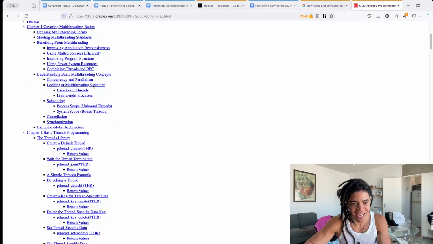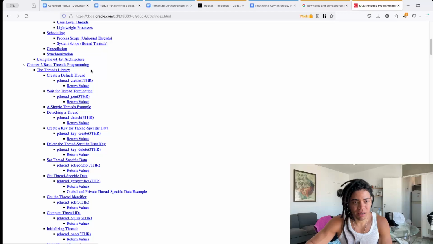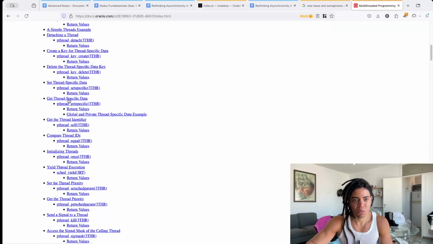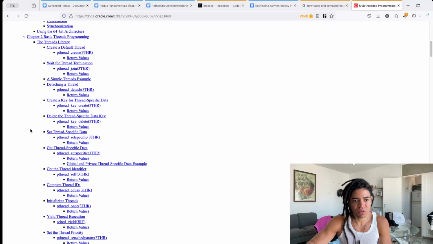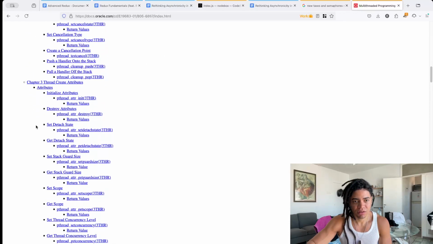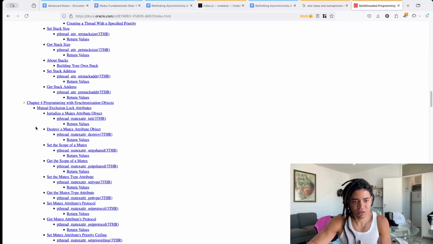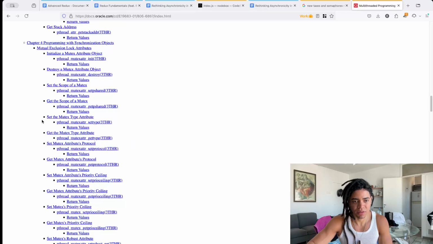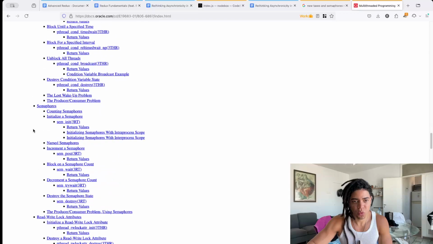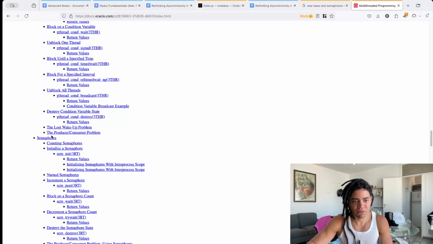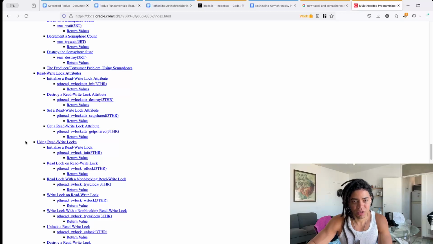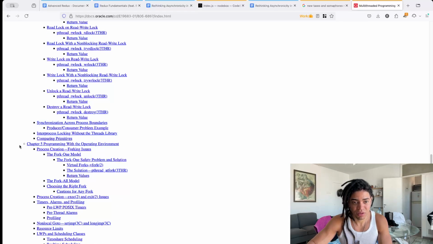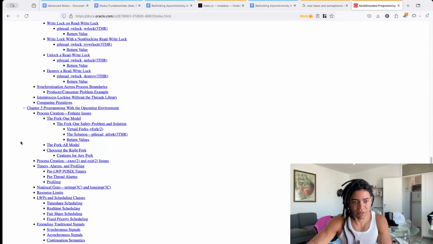Jesus. Okay, with semaphores. Converging multi-threading basics. Threads create attributes. Programming with synchronization object. Semaphores. Read-write log attributes. Read-write log attributes. Programming with operating environments.